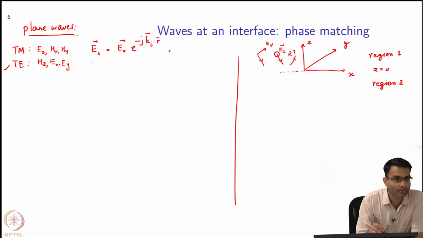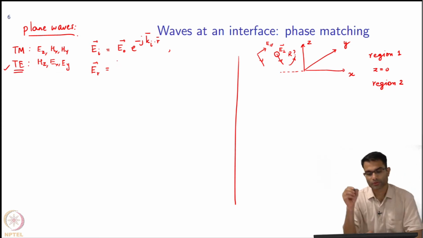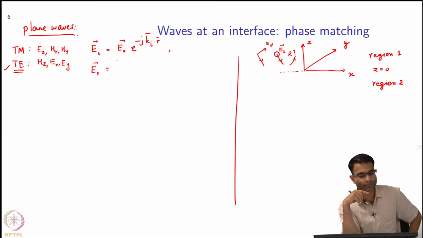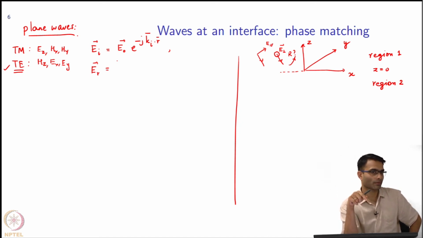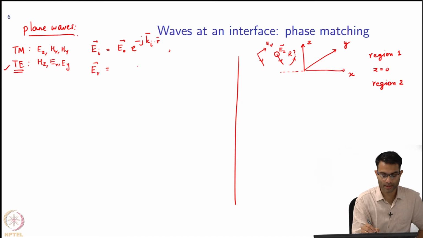Similarly, I will have the reflected wave. So, E reflected. Can I simplify the form of the reflected wave? The electric field for the reflected wave, I can write it as some ER, but is there any relation between the vector that I should write here and E naught?